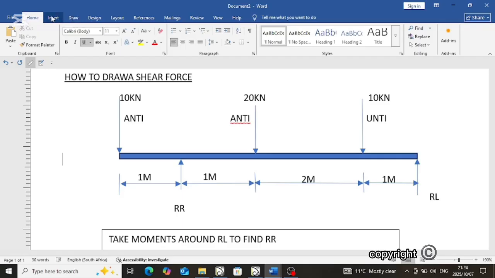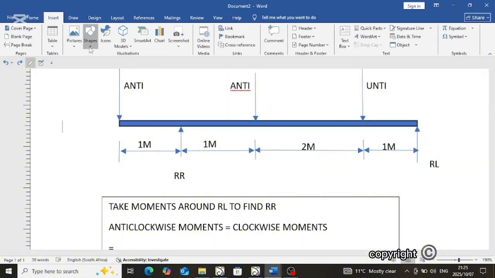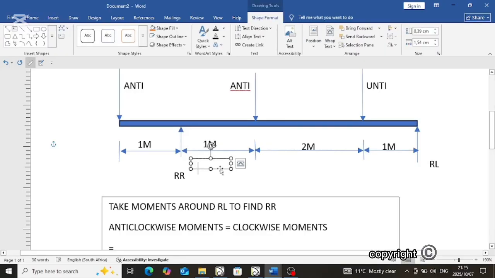Then RR is going to be clockwise. This one is a clockwise force. RR is going to be clockwise. Let me put it like this.